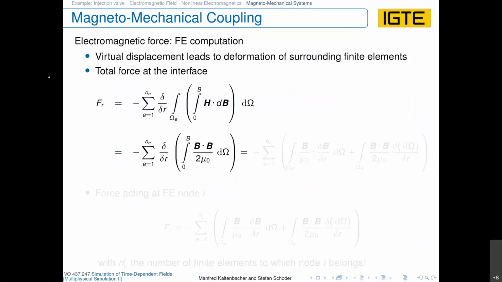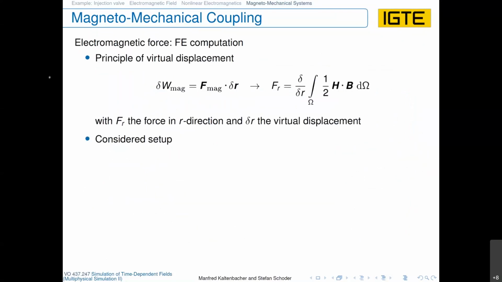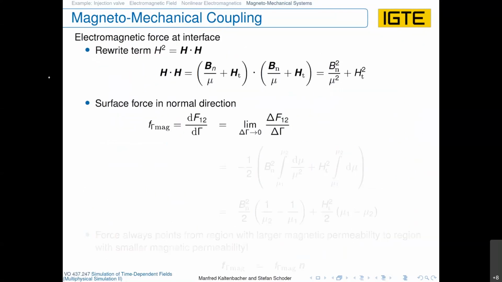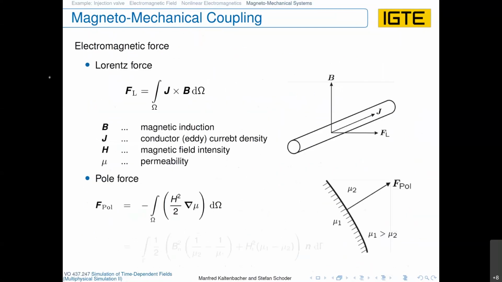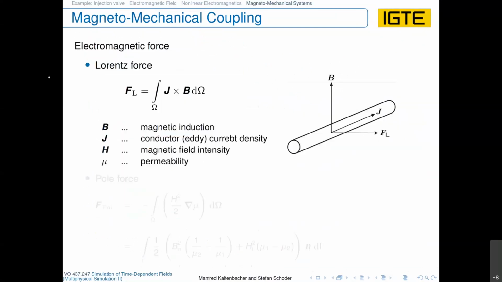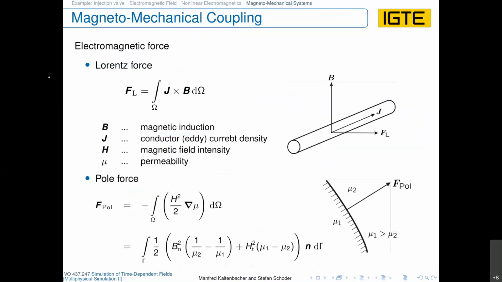However, if we go back and look at these two different formulas, as I showed you at the beginning, here it is, then you can individually compute by the first formula the Lorentz force, and in addition you can compute the pole force.